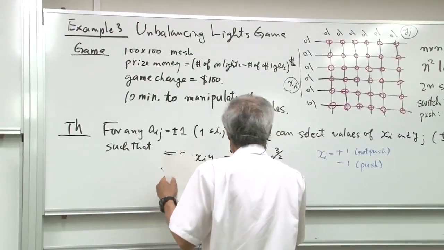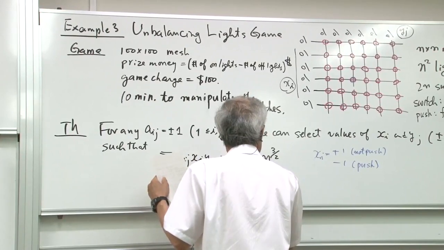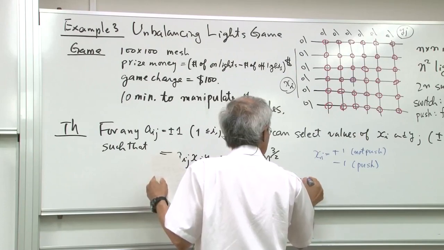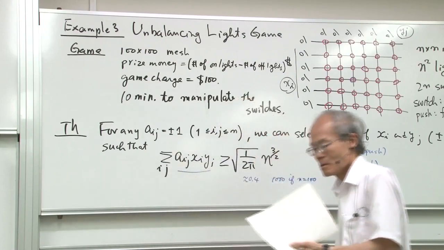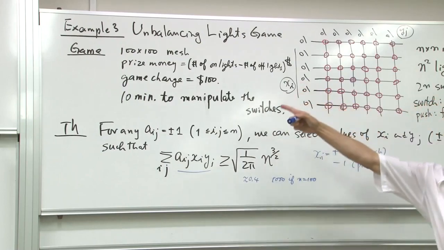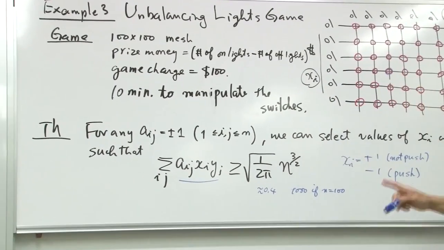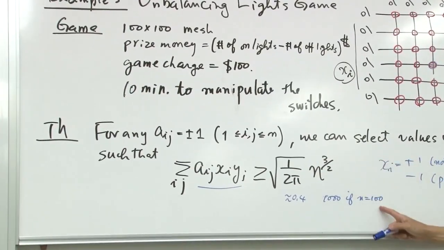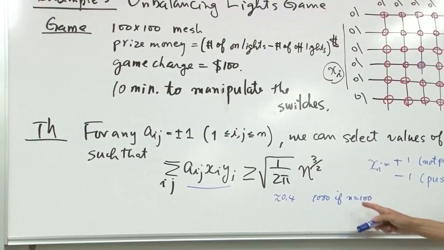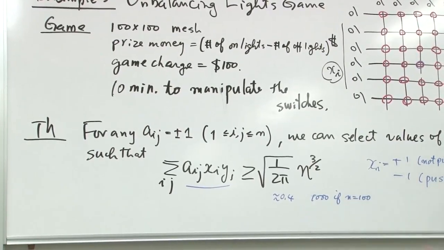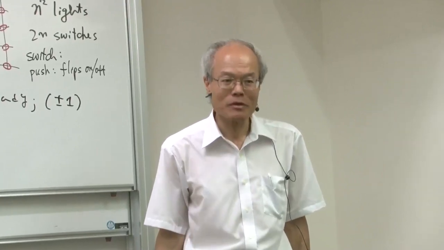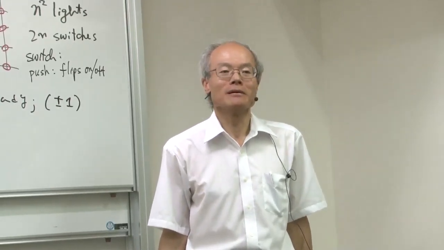This is something like 0.4, and this is 1,000 if n is 100. We are now at 100 by 100 switches, n equals 100. Then n to the 3 halves is 1,000, and with this 0.4 you can get 400 US dollars. You must be able to get 400 US dollars.